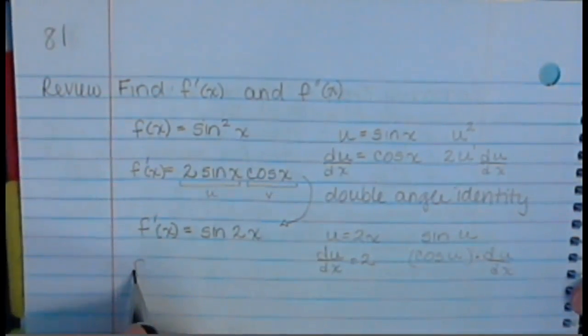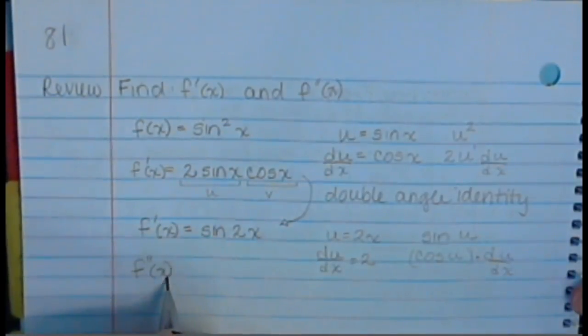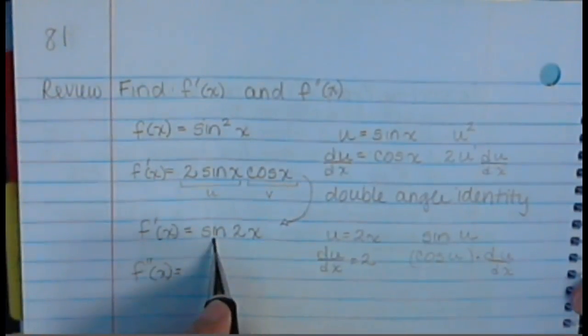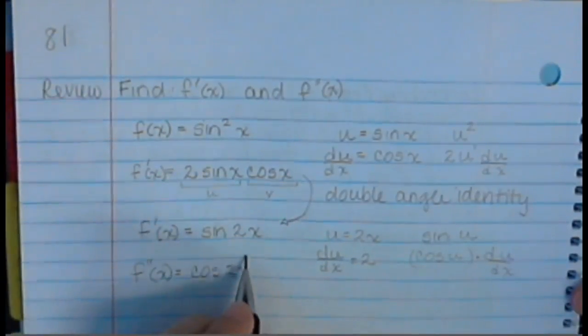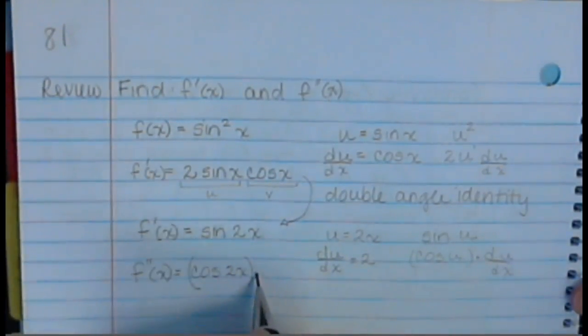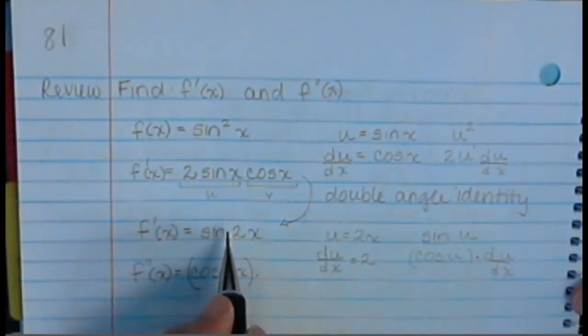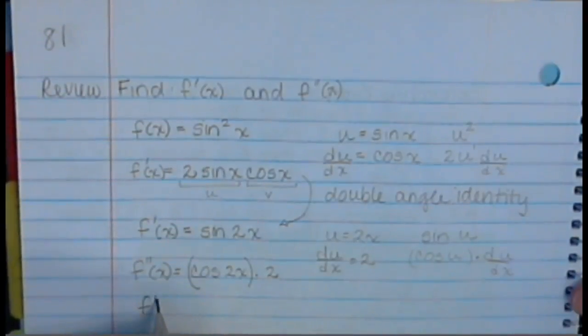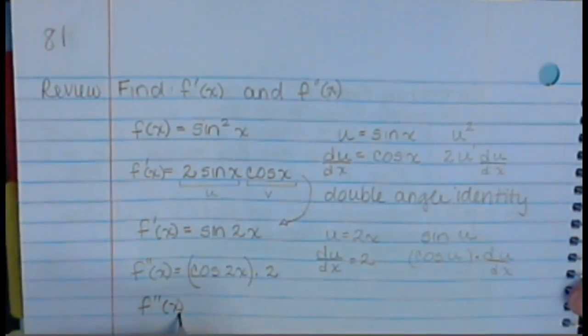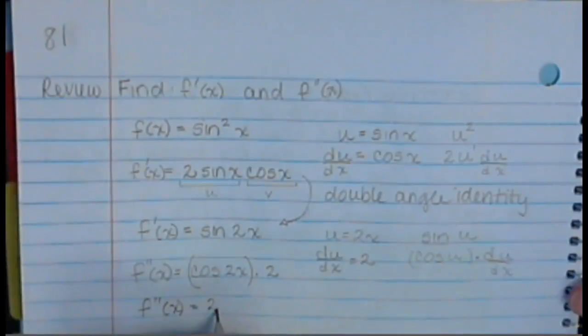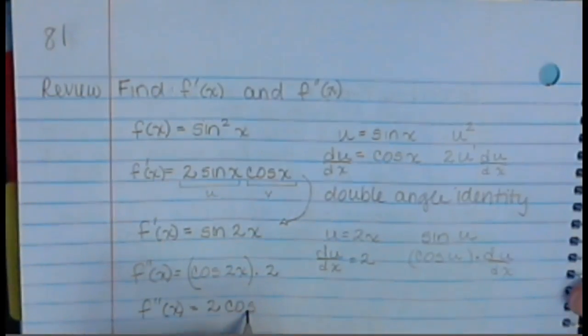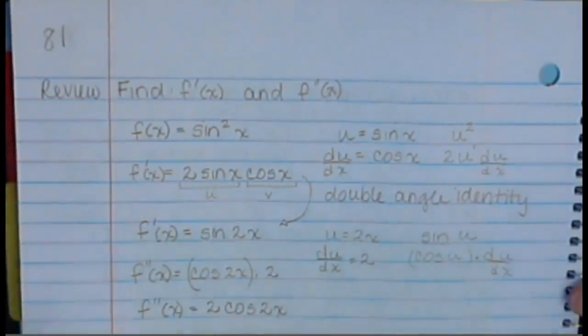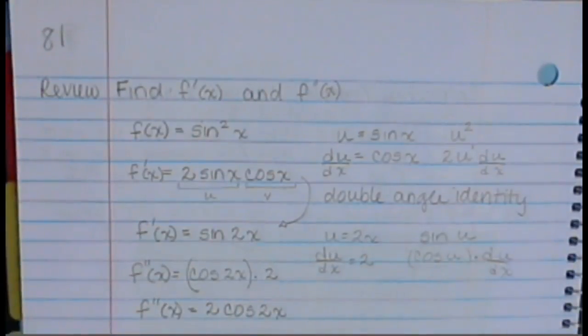So for f double prime of x, we take the derivative of sine, that's cosine of 2x, and we're going to multiply that times the derivative of u, which is 2. So we're going to find that f double prime of x is equal to 2 times cosine of 2x. And that concludes this video.